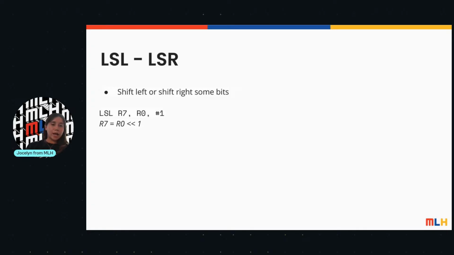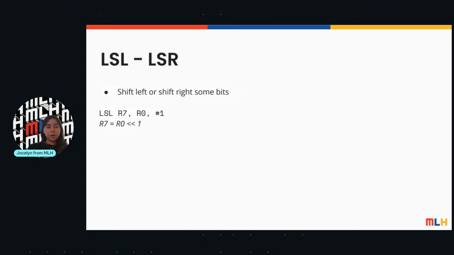Okay, next we have shift left or shift right, to shift some bits. So these ones specifically are there to shift something, as the name says, to the right or left. So LSL is shift left and LSR is shift right.